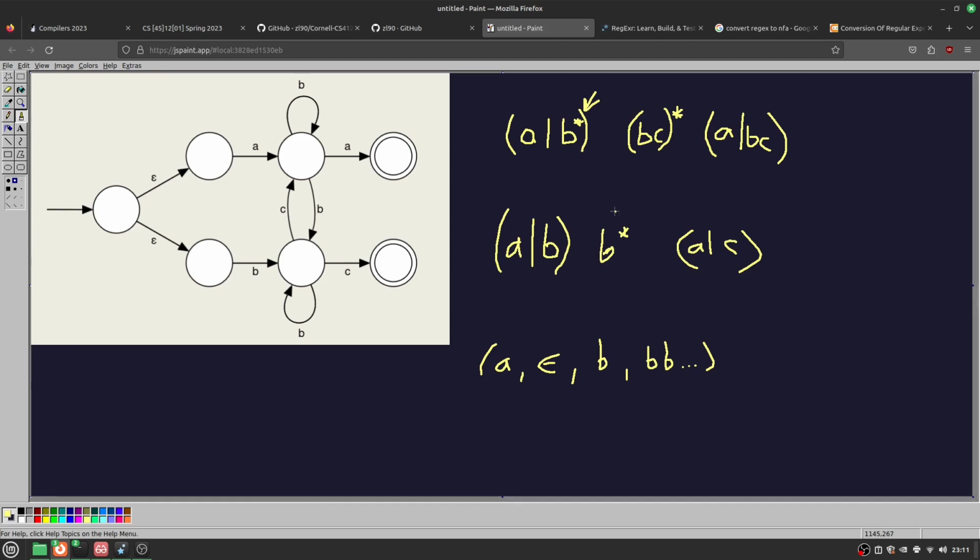But if we do a C, it has to be after a B. If we're at A, we cannot do C whatsoever.